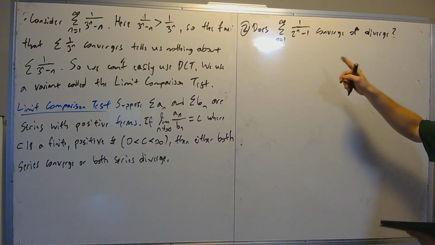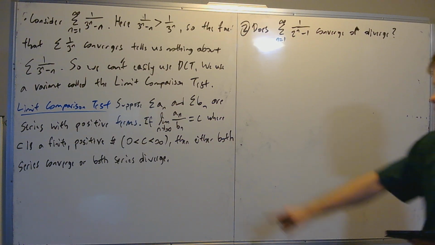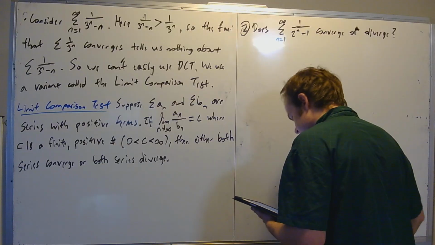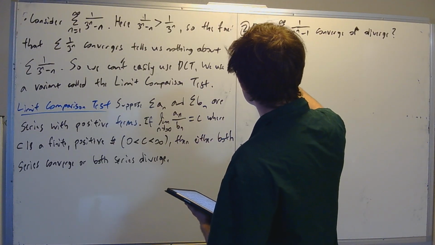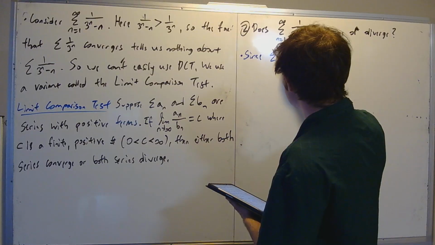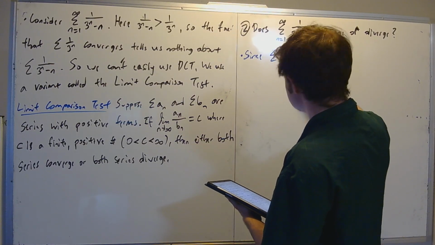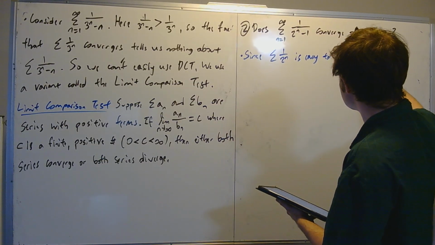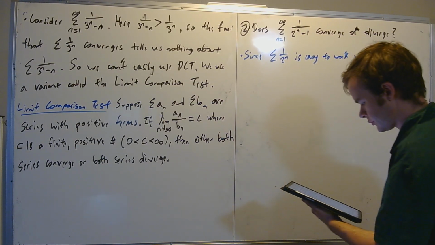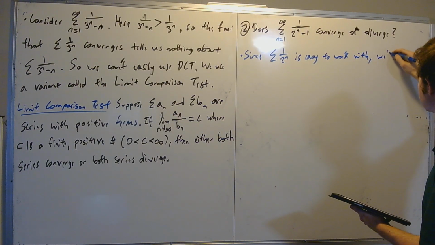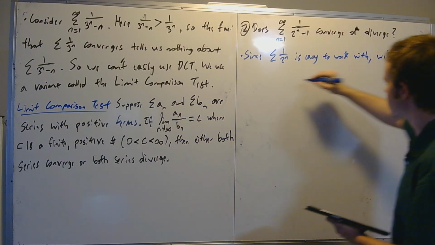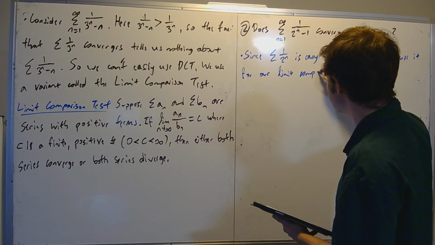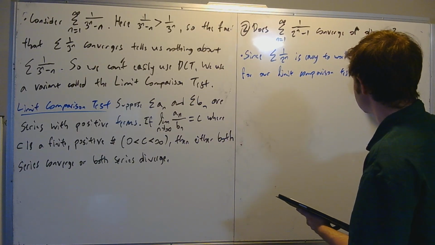Okay, so we're trying to figure out whether this series converges or diverges, and we're going to try to use this limit comparison test. So we'll say here, since the sum of 1 over 2 to the n is easy to work with, we'll use it for a limit comparison test. Okay.